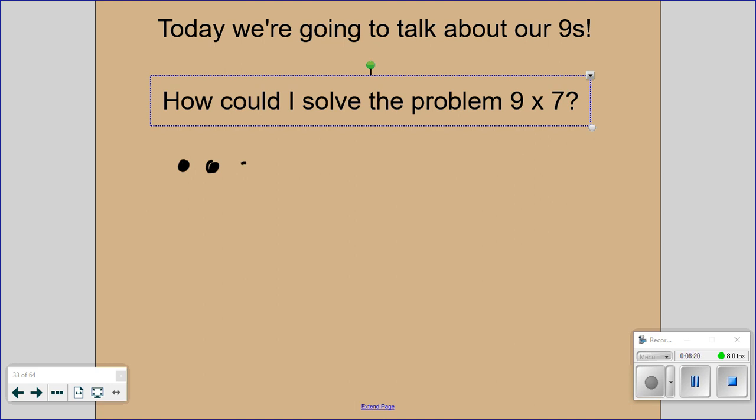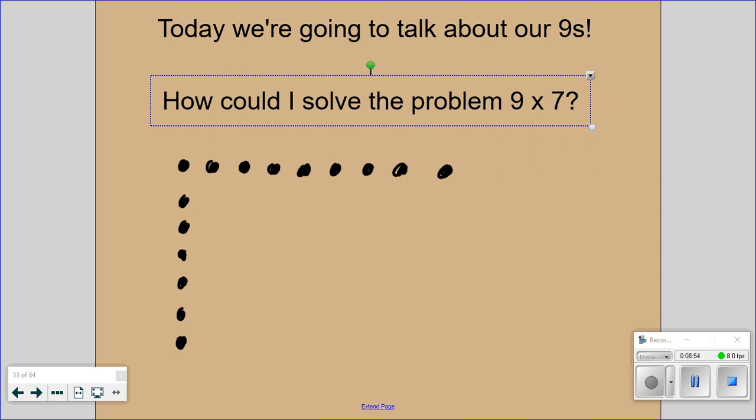Oh, 9 on the top. 1, 2, 3, 4, 5, 6, 7, 8, 9. 1, 2, if I'm writing, you're writing, 3, 4, 5, 6, 7. Put your notebook open, please. Yeah, a fast array will totally work.